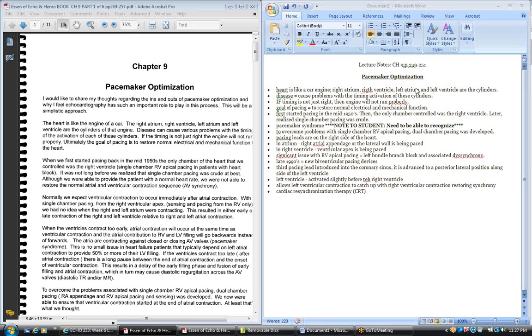They weren't able to restore the normal atrial and ventricular contraction sequence, which is referred to as AV synchrony. This very quickly led to the realization that even though we could give them a normal heart rate, we could not keep the heart in a normal atrial and ventricular contraction.